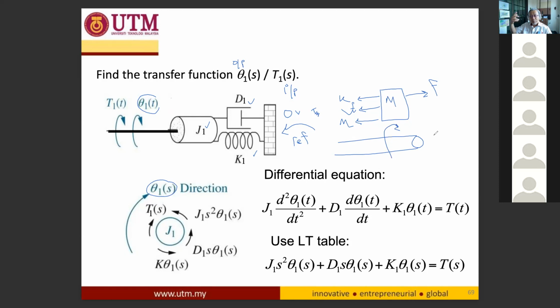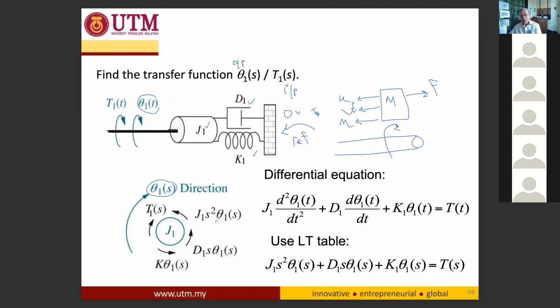This inertia is applied in many applications: in robots, in automobiles, in any electrical system that involves a DC motor, AC motor, and so on.